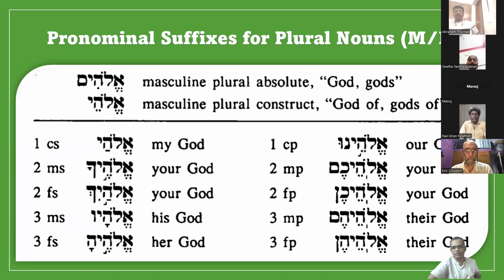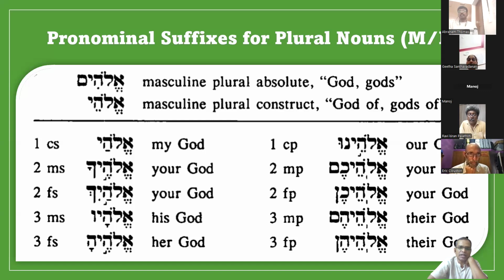It will be dropped. So in that place, you can see the pronominal suffixes. So Elohai, Eloheka, Elohaik, Elohav, Eloheha, Elohenu, Elohekem, Eloheken, Elohehem, and Eloheken.